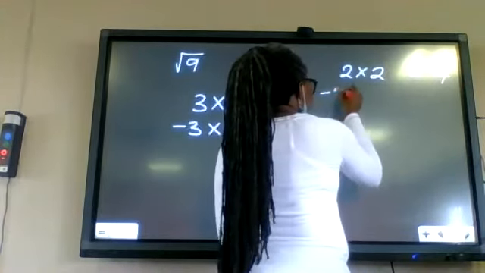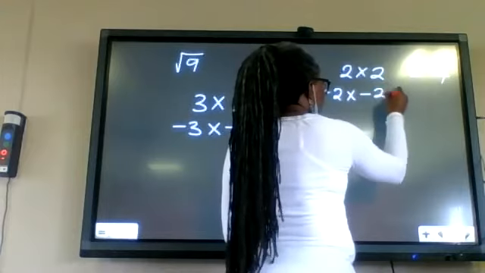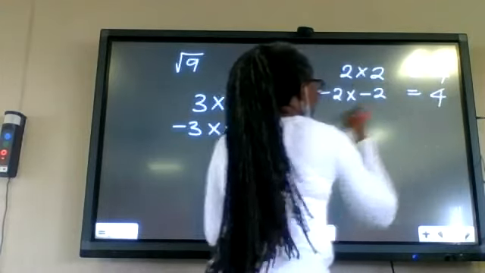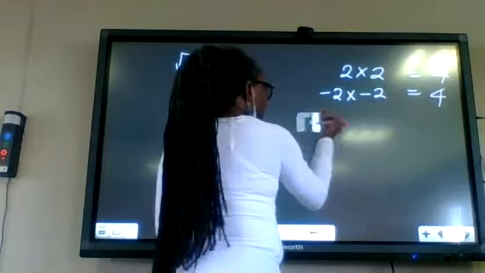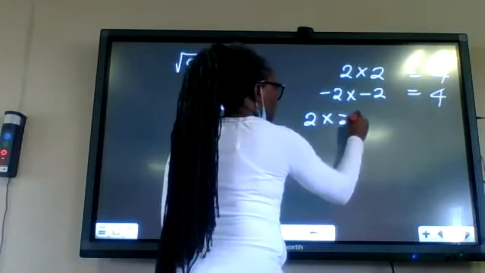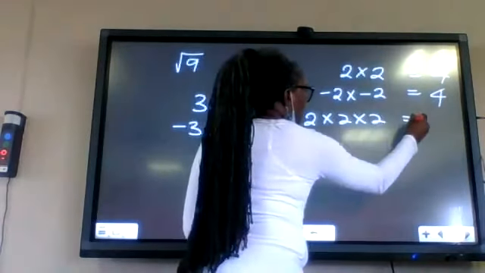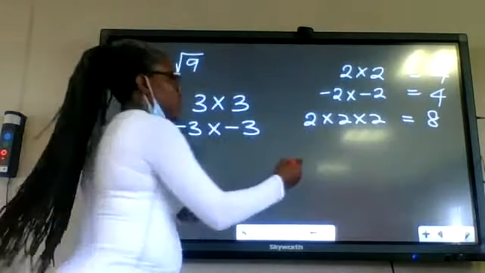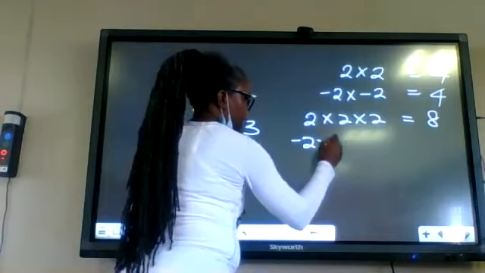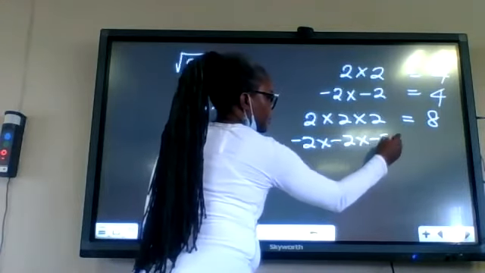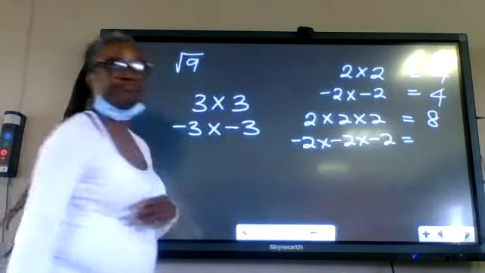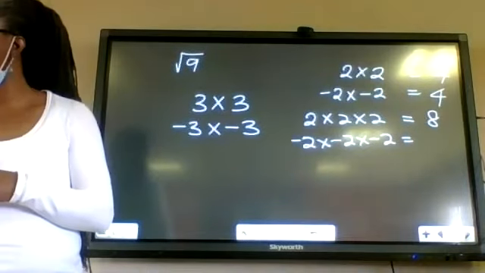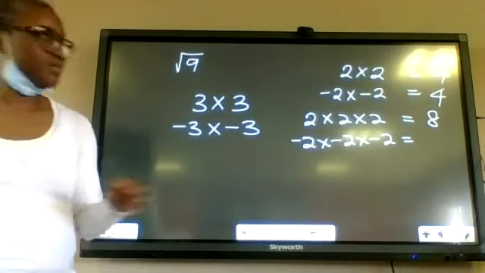When you multiply negative 2 by itself, your answer is still positive. Now, when you take it 3 times and you say 2 times 2 times 2, because it's all positive, your answer is positive. But when you say negative, like that, remember that negative times negative will give us positive.